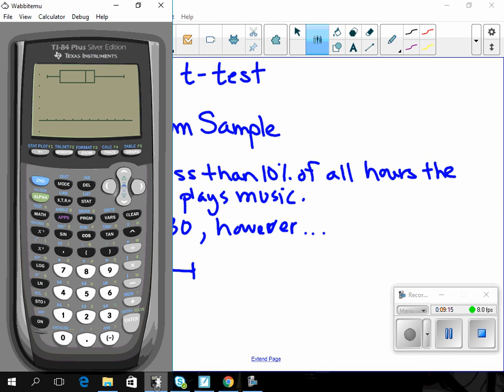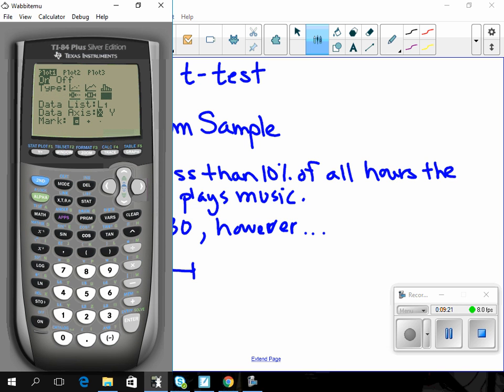The normal probability plot. So we'll go and change our plot now. The normal probability plot is the last option, right? We'll redo our window. It's pretty good. The only thing that's a little concerning is the very beginning. Would you agree? But it's fairly linear. Would you agree with that?